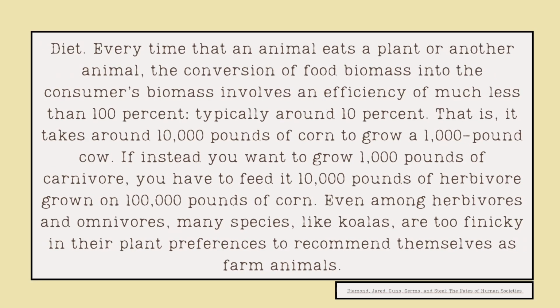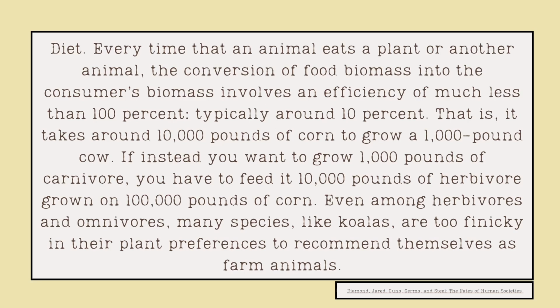First, diet. Every time that an animal eats a plant or another animal, the conversion of food biomass into the consumer's biomass evolves with an efficiency much less than 100%, typically around 10%. That is, it takes around 10,000 pounds of corn to grow a 1,000-pound cow. If instead you were to grow a 1,000-pound carnivore, you would have to feed it 10,000 pounds of herbivore grown on 100,000 pounds of corn.